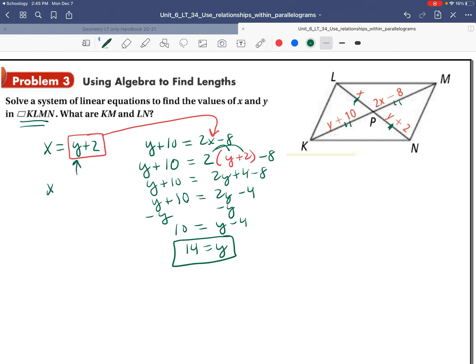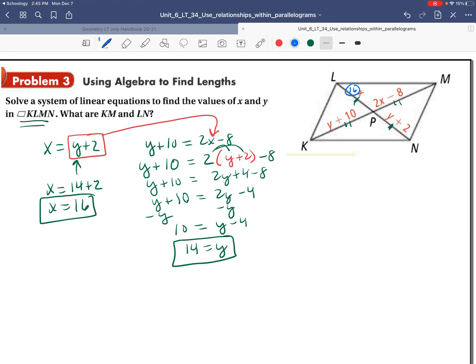So I plug 14 in here to get x. And I get that x is 16. And so I found the values of x and y that make this a parallelogram. Now, what's awesome is you can plug that back in and see that this is a length of 16.